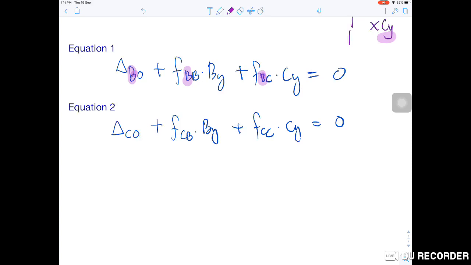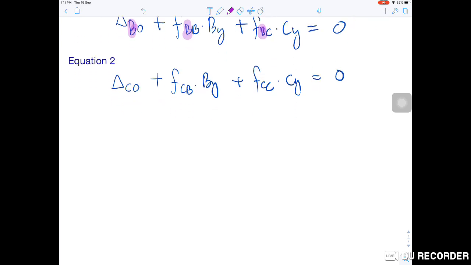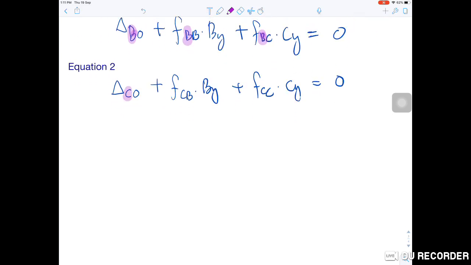Remember that equation number 2 is based on the position of redundant number 2, which is at position C. So the first notation refers to the position. This is position C, position C, position C.